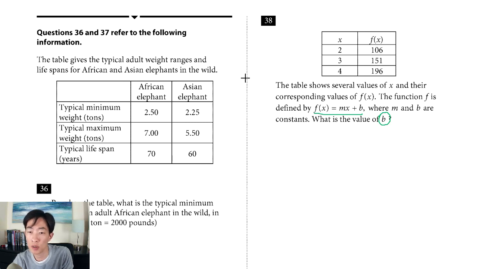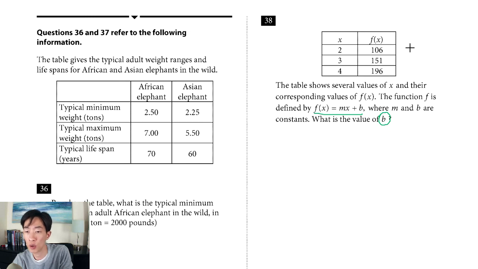There's a number of ways to do this. You could get the equation of the line by using the given points and then change it to y equals mx plus b form and then figure out b. The shorter way to do this is to recognize that each of these points on the line is connected by slope. So what do I mean?